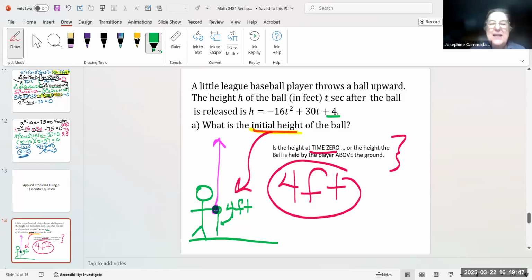Here's my ball, the initial height of the ball before the player throws it upward. That's what initial means. Time is 0, which means he's holding the ball. Well, how high above the ground does the player hold? Well, it's right here. It's 4 feet.